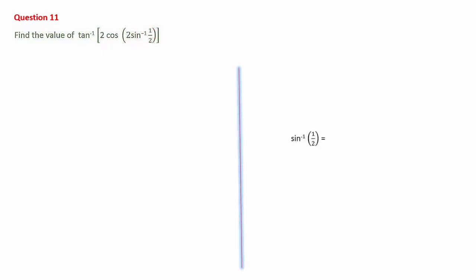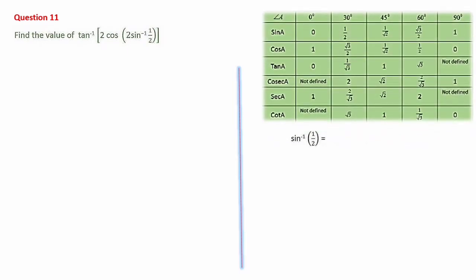So here, sin inverse of 1 by 2, we can write it as, from here inside the bracket there is 1 by 2. From the table we have to find out for which particular angle the sine is having the value 1 by 2.